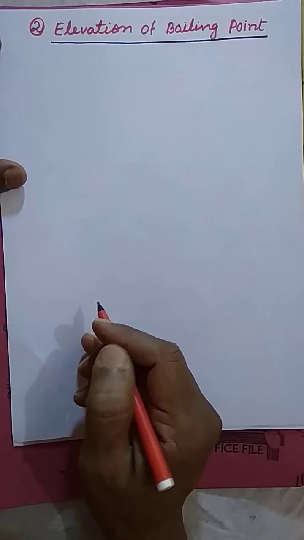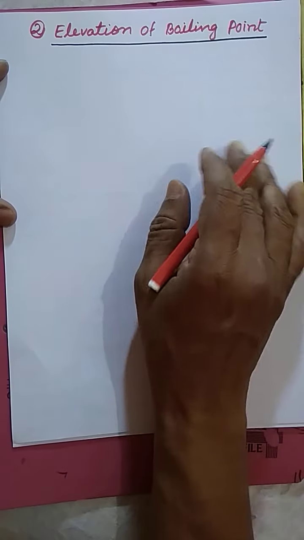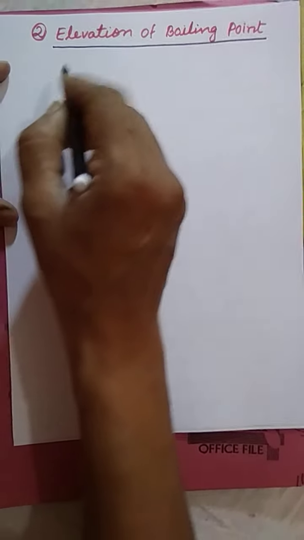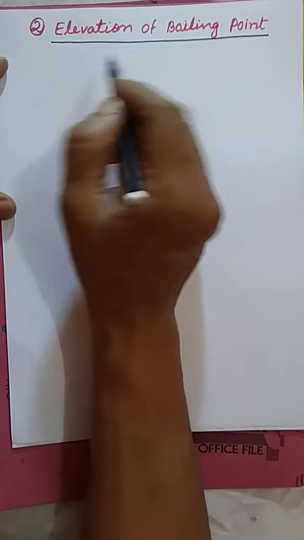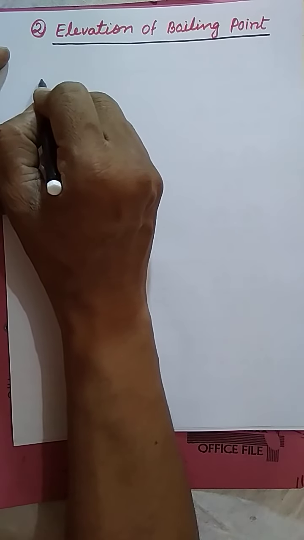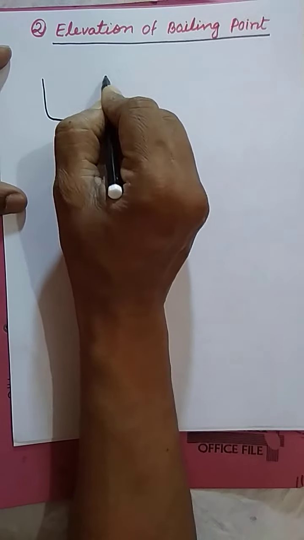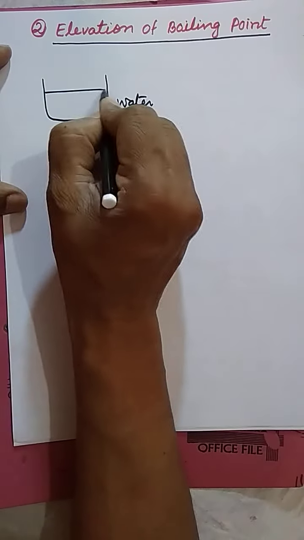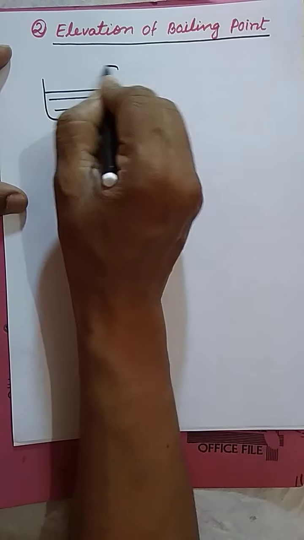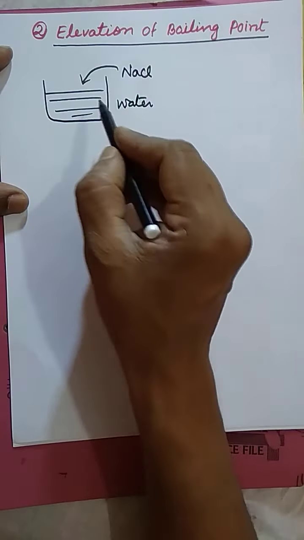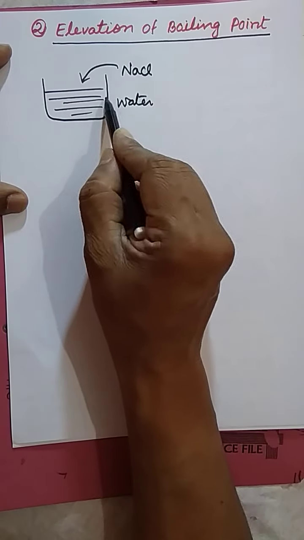Well friends, second colligative property is elevation of boiling point. So as a student, the elevation in boiling point after adding some non-volatile solute in solvent. If we add non-volatile solute in solvent, say water, and if we add NaCl in that, this is non-volatile solute, so definitely its boiling point increases.